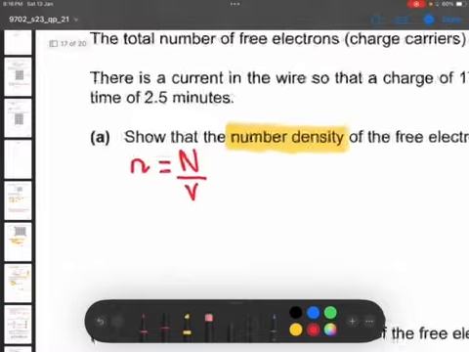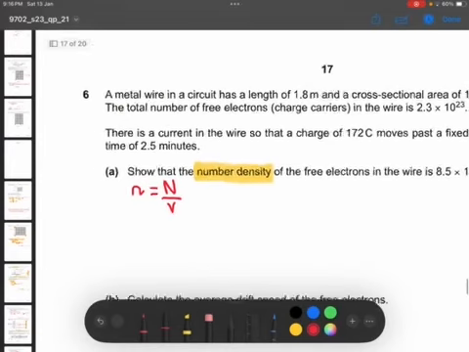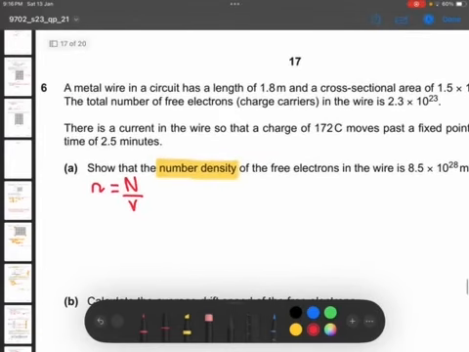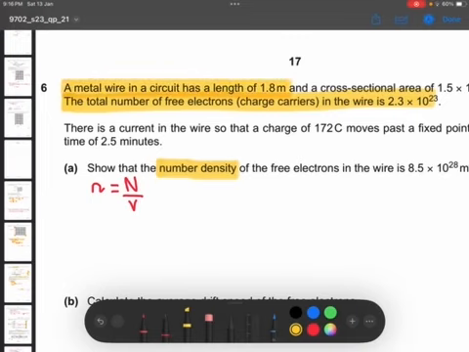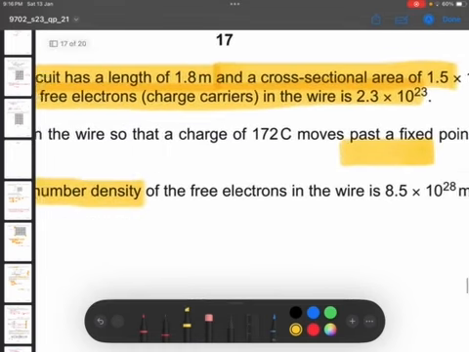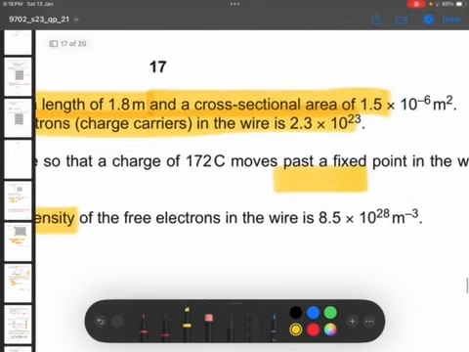So the question is, what do we have here? We are told that the total number of free electrons in the wire is this one. We are also told that the metal wire has a length of 1.8 and a cross-sectional area of 1.5 times 10 to the power of minus 6.